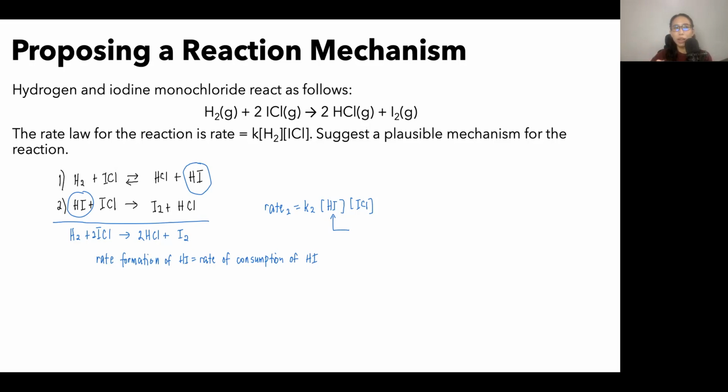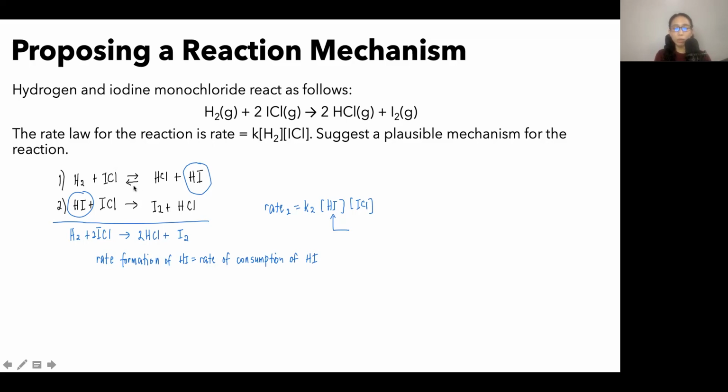For example, say you have 10 molecules of the intermediate. Its rate of formation is 2 molecules per second and its rate of consumption is also 2 molecules per second. So you form 2 molecules but you also use 2 molecules, so the count of 10 molecules is maintained at any point in time. That's your steady state.